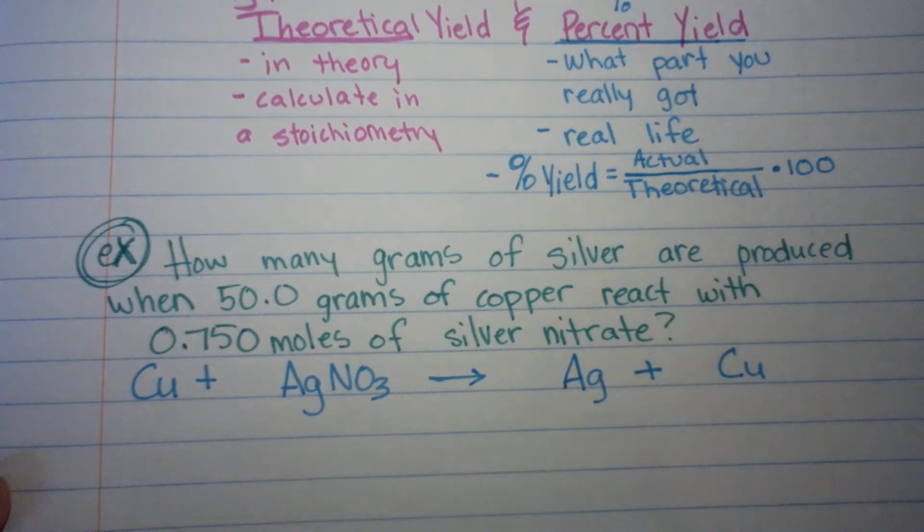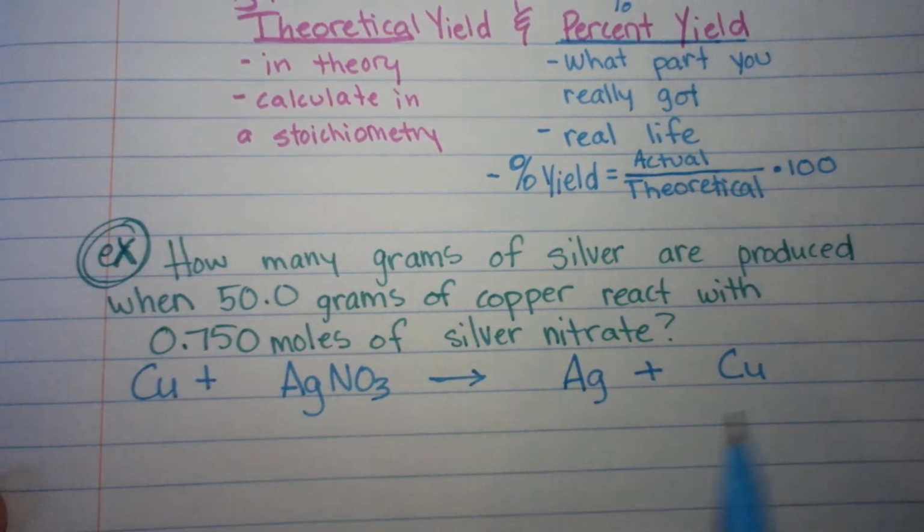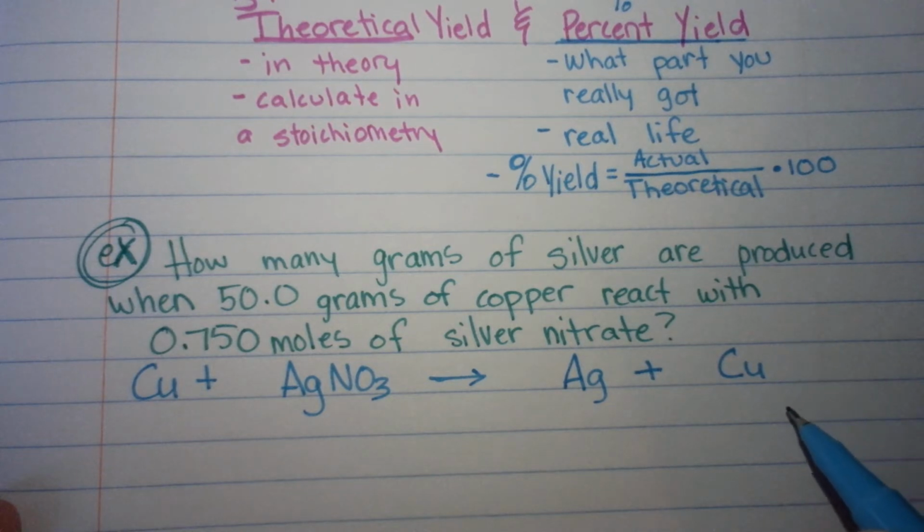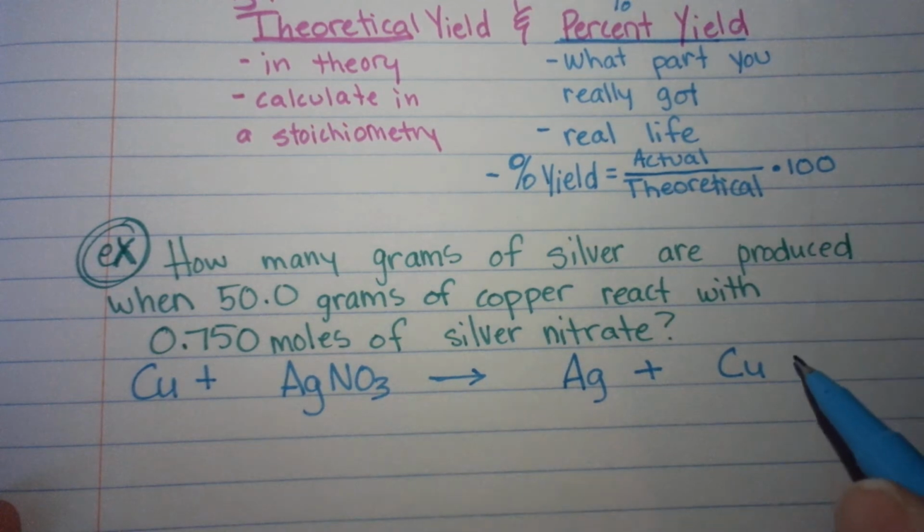Now, we need to know, how is copper going to come together? How is that going to make a compound? Well, we know that copper can make two different cations, so we are going to go with the most common one.